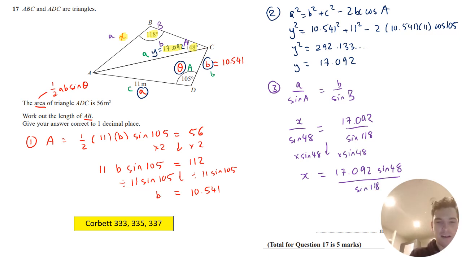And I get my answer to one decimal place, which is 14.4. So a nice question, that one. I had to use both the cosine rule and the sine rule, and starting off with the area of a triangle. So quite a lot to do, but it was worth 5 marks. Okay, let's keep on going.